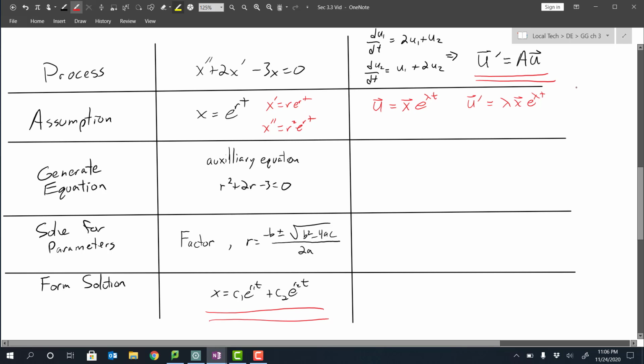And if I plug those into my differential equation, if I take my differential equation, I just write it kind of in the opposite direction to look like this, and then I plug in the different pieces, well, I'll have the matrix A times u, which is x e to the lambda t, and that should be equal to u prime, which is lambda x vector e to the lambda t, and then I notice I could divide through by my e to the lambda t's, and the result is going to be A times x equals lambda x. And we might recognize this as the eigenvalue problem.